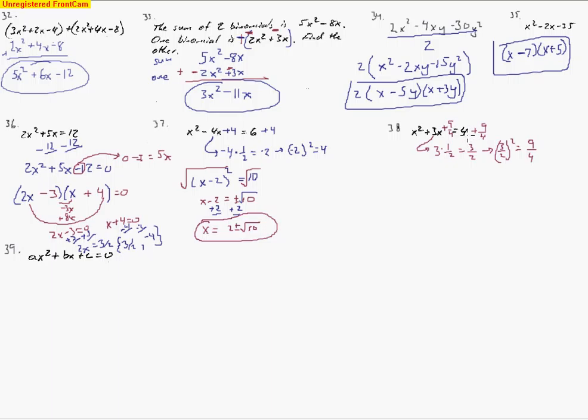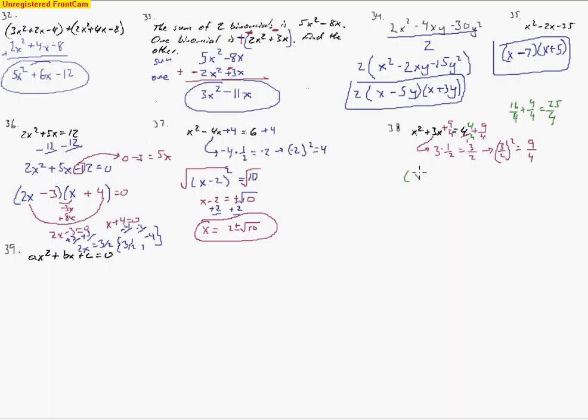When we add these two numbers together, I have to come up with a common denominator. So I'm going to multiply that 4 by 4/4, and that will give me 16/4, which I can now add to the 9/4, which gives me 25/4. So that's what I get when I add to both sides.